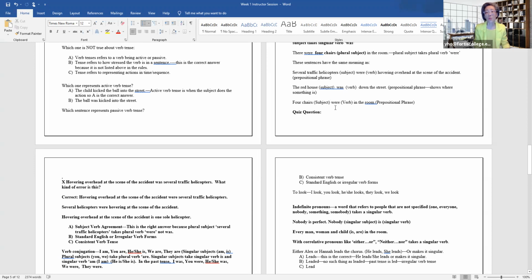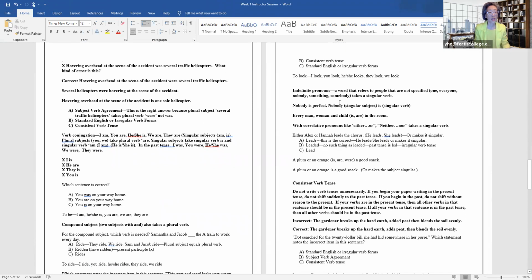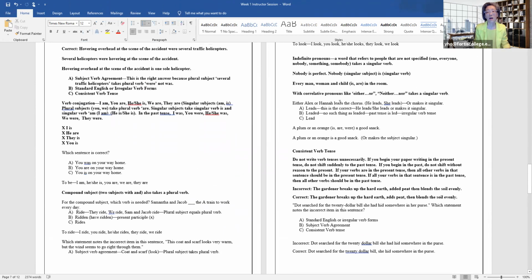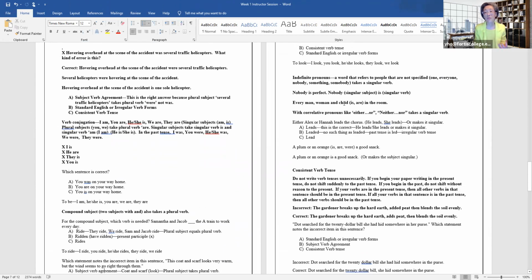Four chairs were. All of these are plural subjects with plural verbs. I was talking about indefinite pronouns earlier, and indefinite pronouns always take a singular verb. Nobody is perfect.